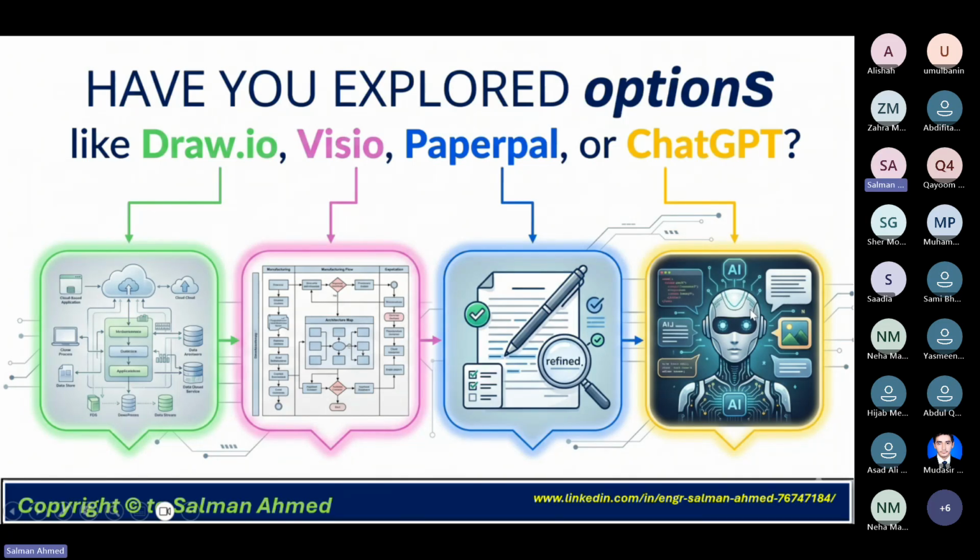ChatGPT is something everyone knows about nowadays. So why do we use ChatGPT? Sometimes we use it for generating very good ideas, or for paraphrasing a work. So we can use ChatGPT in different aspects of our research.